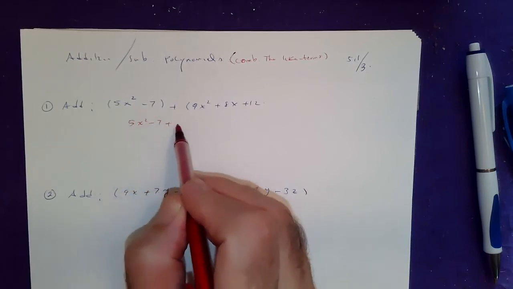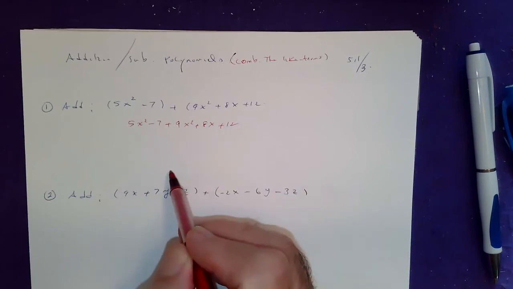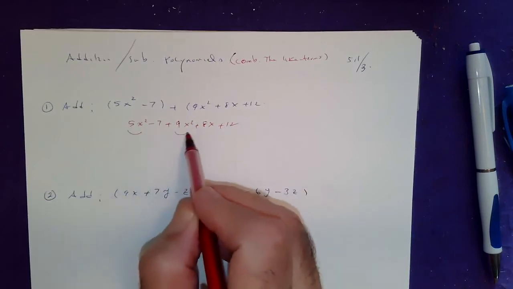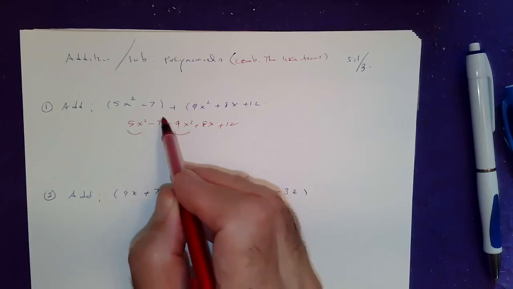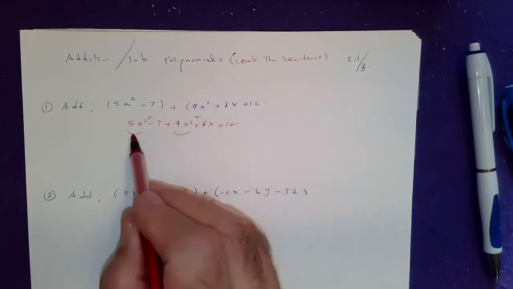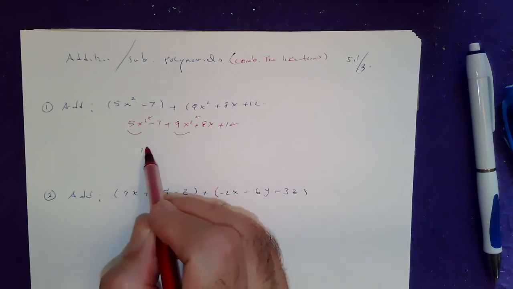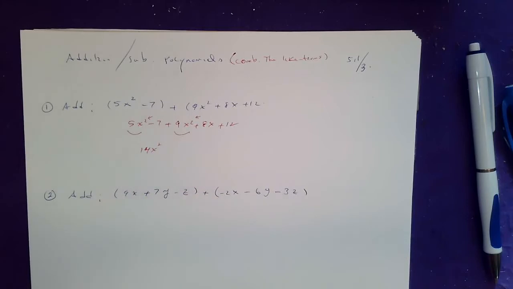For instance, 5x squared minus 7 plus 9x squared plus 8x plus 12. These guys are like terms because they have same variables and what? Same powers. So all I have to do is what? Combine the coefficients. 5 plus 9 is 14, so I get 14 of these.